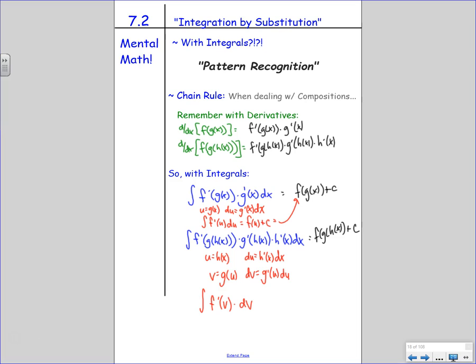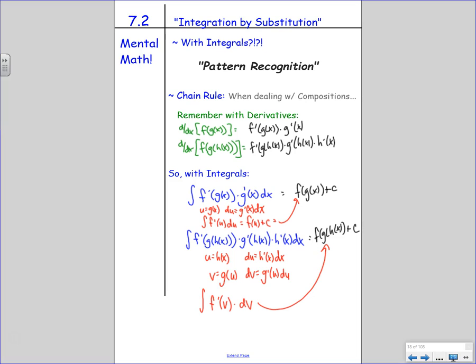Because this would be your g prime of u du, and then you would substitute your h prime dx to be du, and then you have your g prime of u du, substitute to be dv, and then you have your f prime of v. So it does ultimately end up substituting to help us, where we can say the integral is f of v, and v is g of u, which is g of h of x.